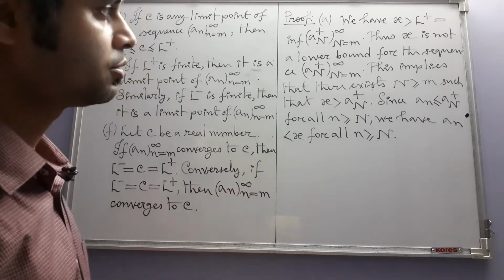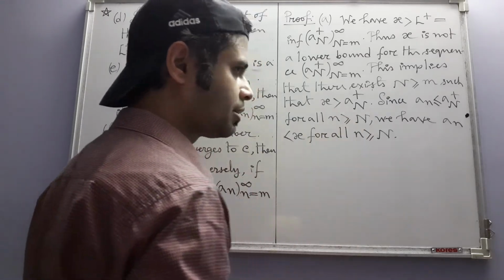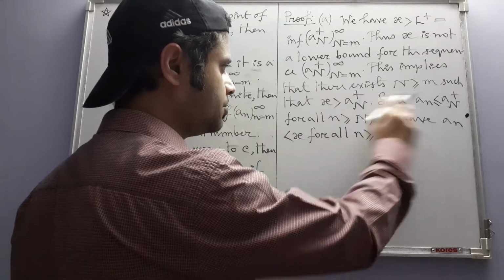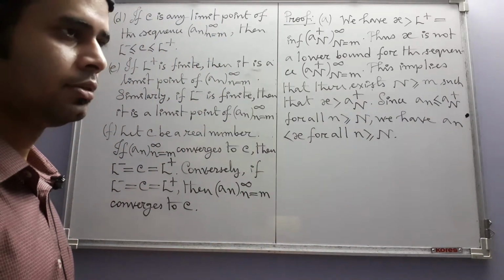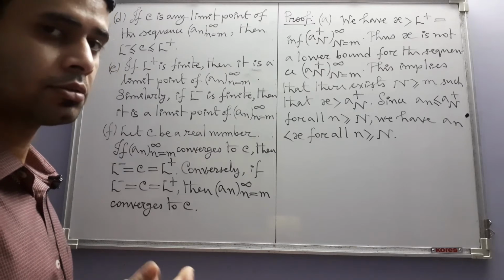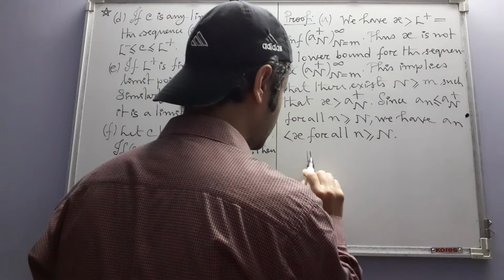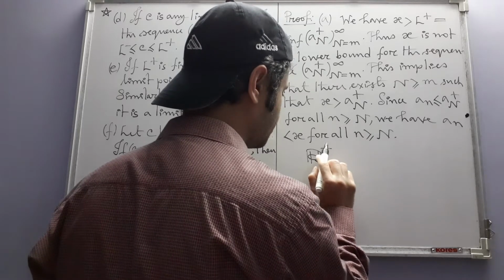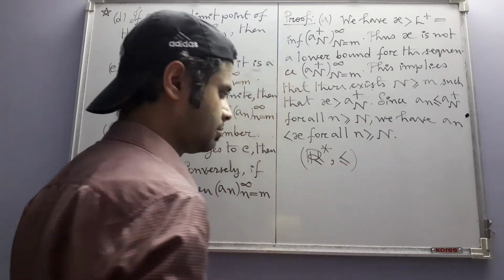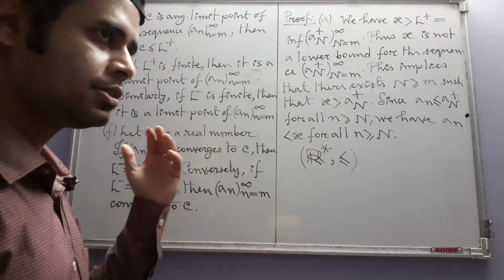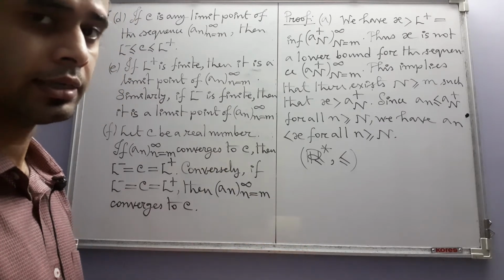And note one more thing, that you may see that we are somewhat carelessly using all possible properties of order. We are justified to do that because in the extended real number system also we proved that the order relation satisfies all the properties that the ordinary order relation on R has.